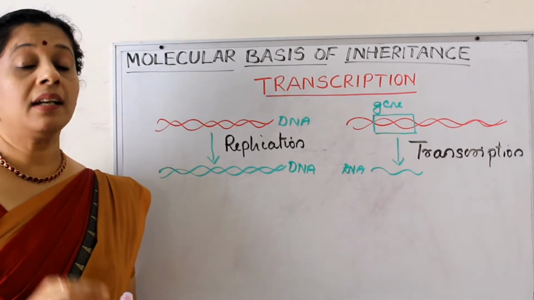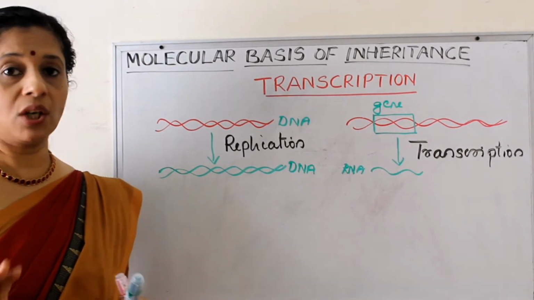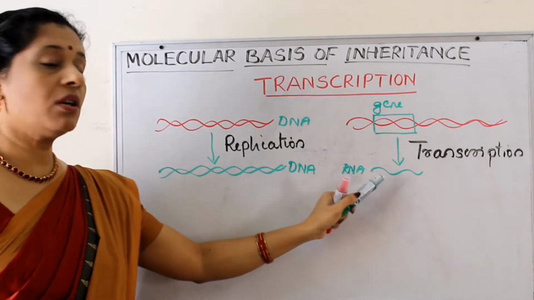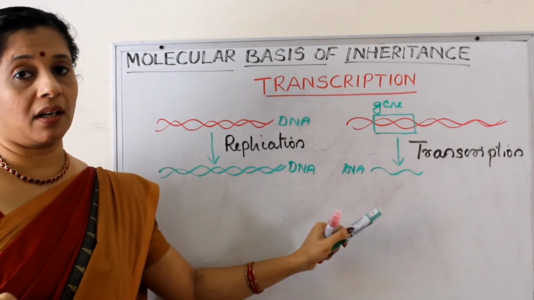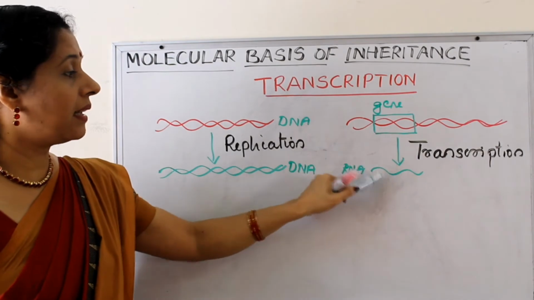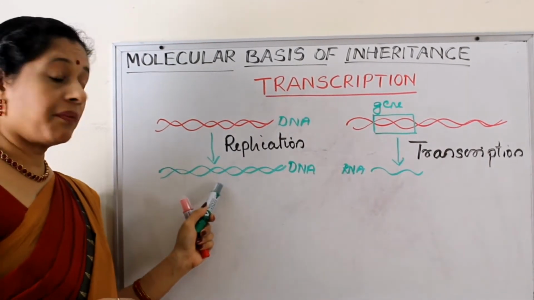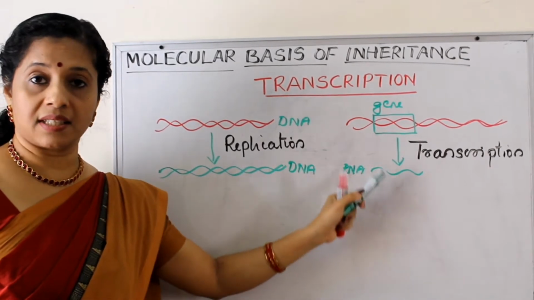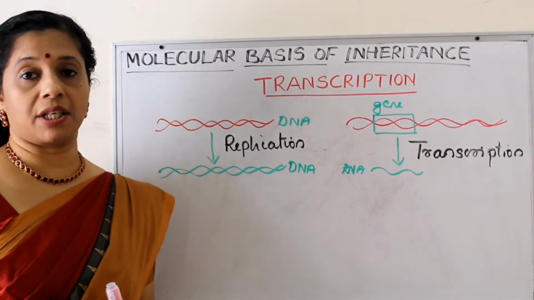Usually one strand, and specifically for mRNA, it is always linear. Okay, no folding occurs. And also only the linear mRNA can give rise to a protein. So here only one strand is being copied. So that is the second difference. Only one strand of the DNA is transcribed, whereas both the strands of DNA are replicated.